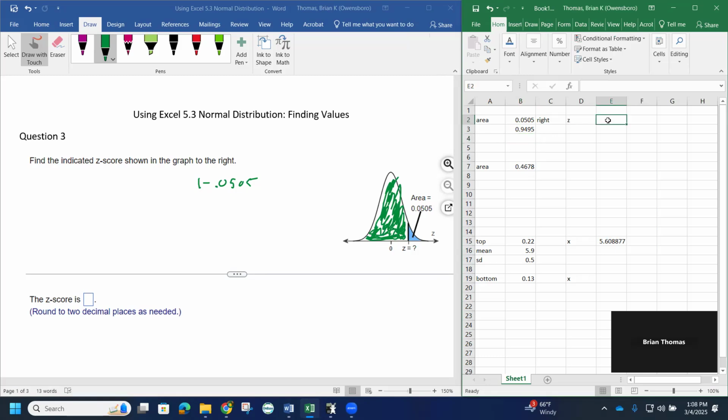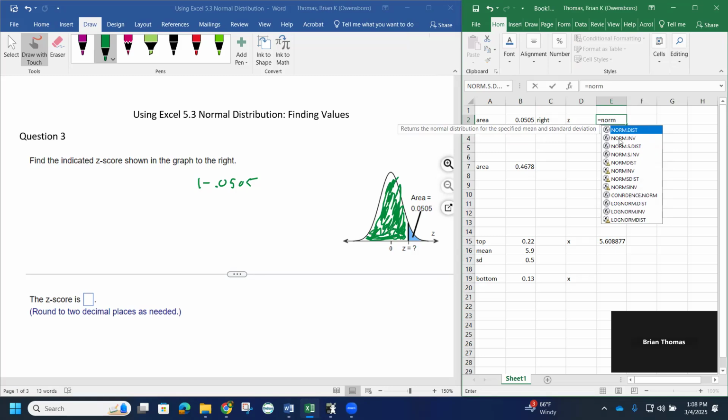Just like on the calculator, we use what's called inverse normal. Here we type in an equal sign, type norm, and do NORM.INV. If I double click that, it gives me my fields. It needs a probability, the mean, and the standard deviation.